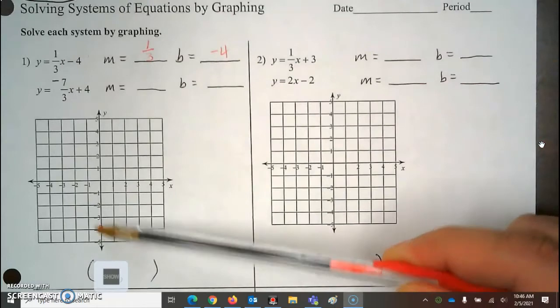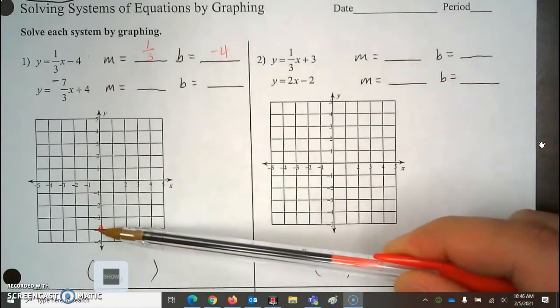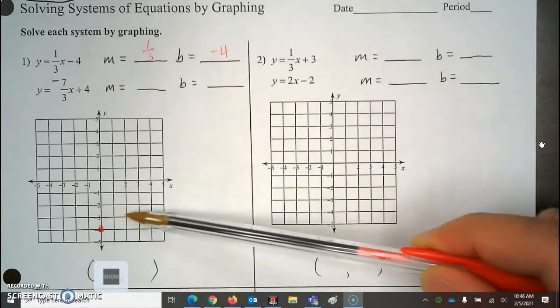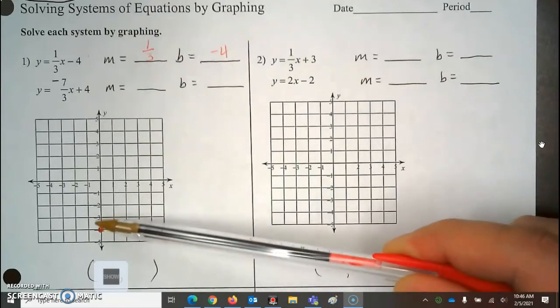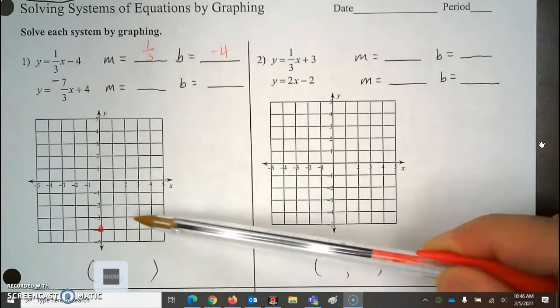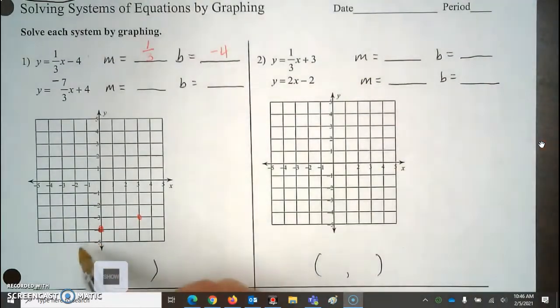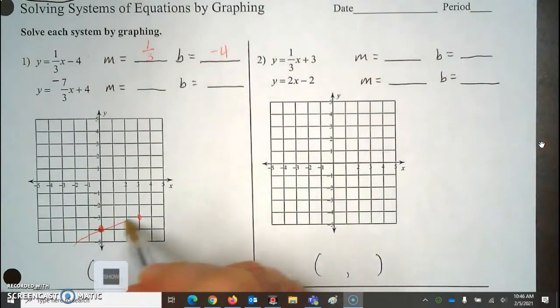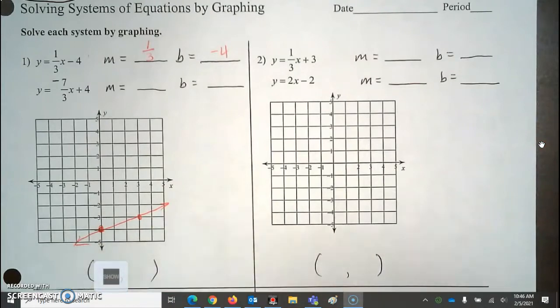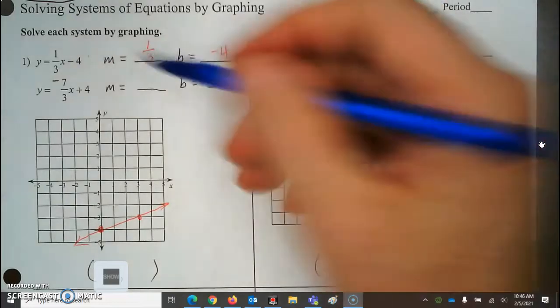So from here, not from the origin, rise 1, run 3. See, I went 1, 1, 2, 3, and mark that point. Okay, so I'm going to connect them and go all the way to the edges of the graph, right?